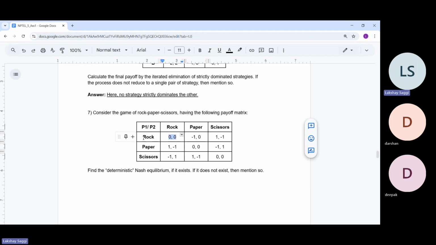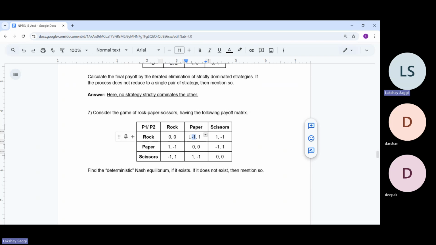But if player one played rock and player two played paper, then paper beats rock, so the column player gets 1 point and the row player gets -1 point because the row player has lost.